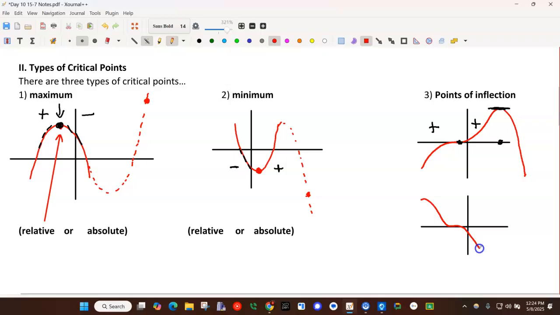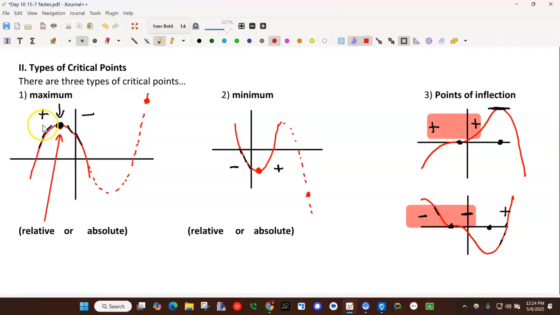It decreases, hits 0, decreases more, and then goes back up. So this would be the critical value. With this, it goes negative, negative again, and then over here is positive. It goes back up. So if we have two of the same sign in a row, right here or right here, two positives or two negatives, then you get an inflection point.